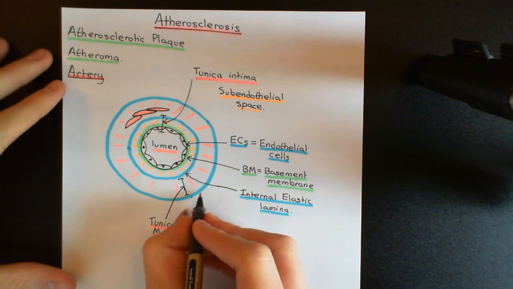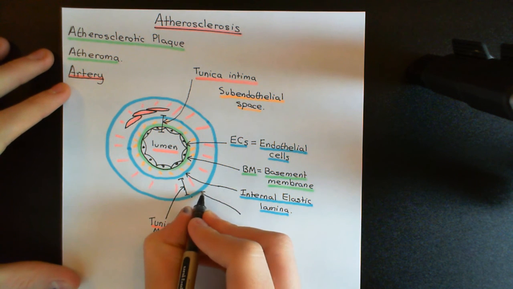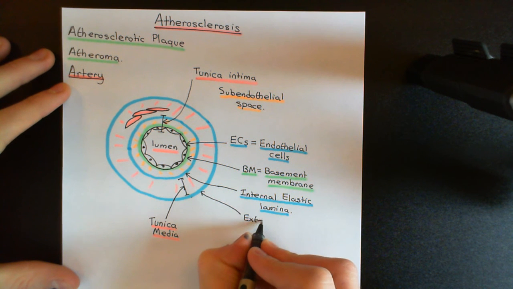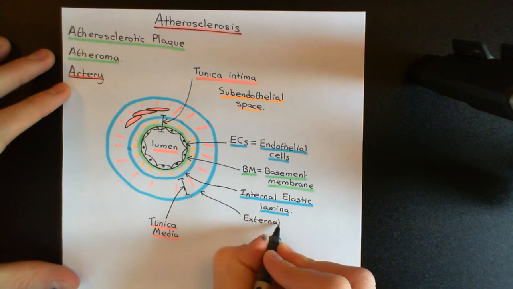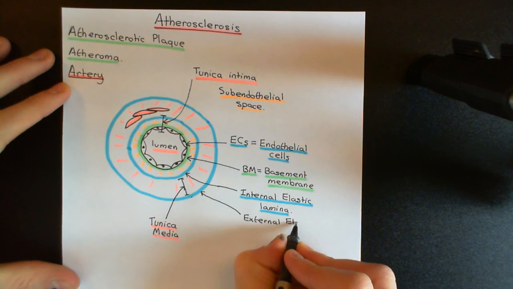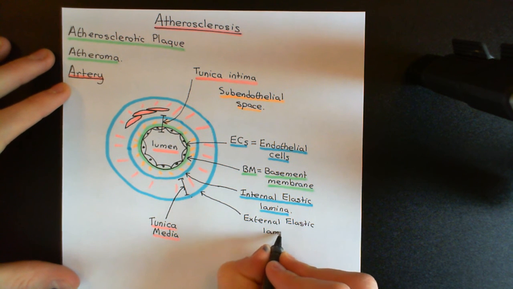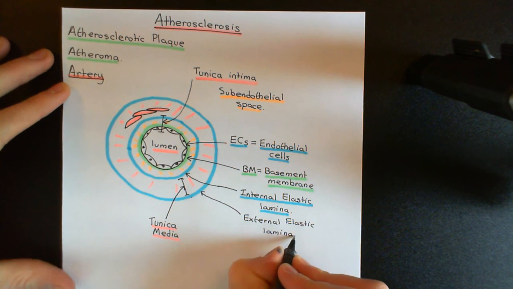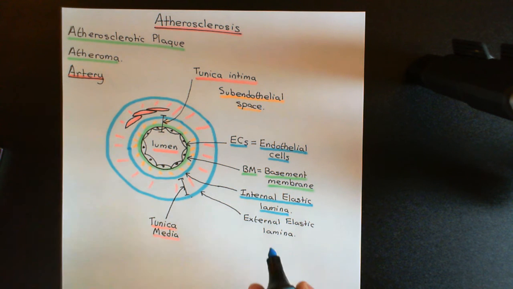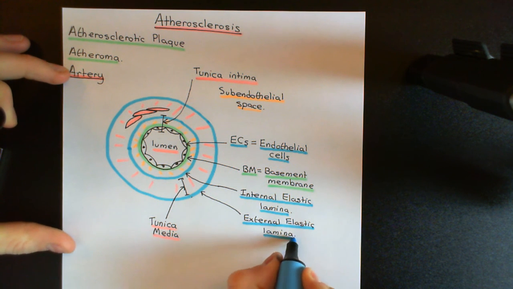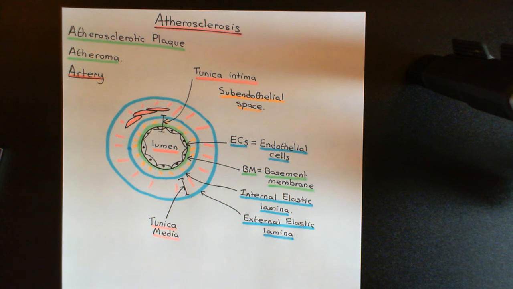Okay, now, the next layer then, we've already got it drawn on, but I'll label it up. This now is the external layer of elastic connective tissue, known as the external elastic lamina, and it demarcates the edge of the tunica media. Then finally we've got one more layer surrounding the external elastic lamina, and this is going to be full of connective tissue.